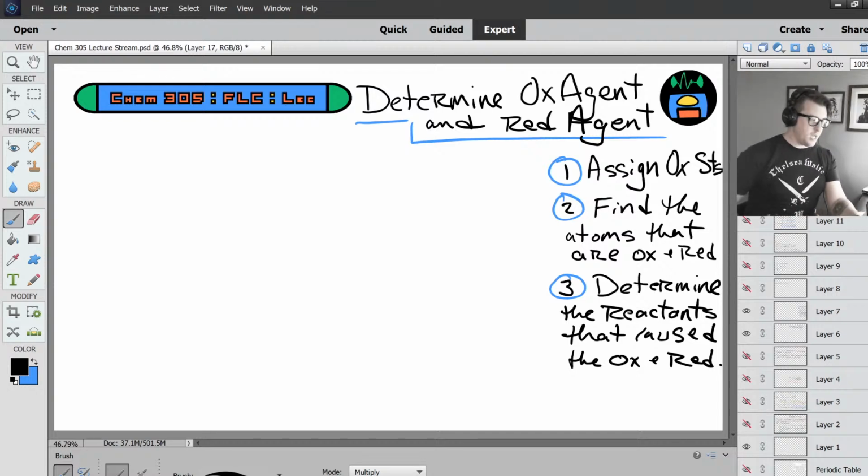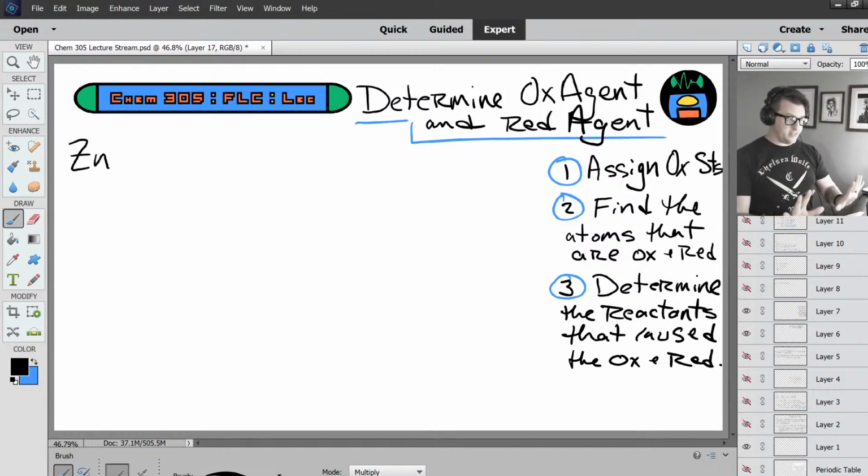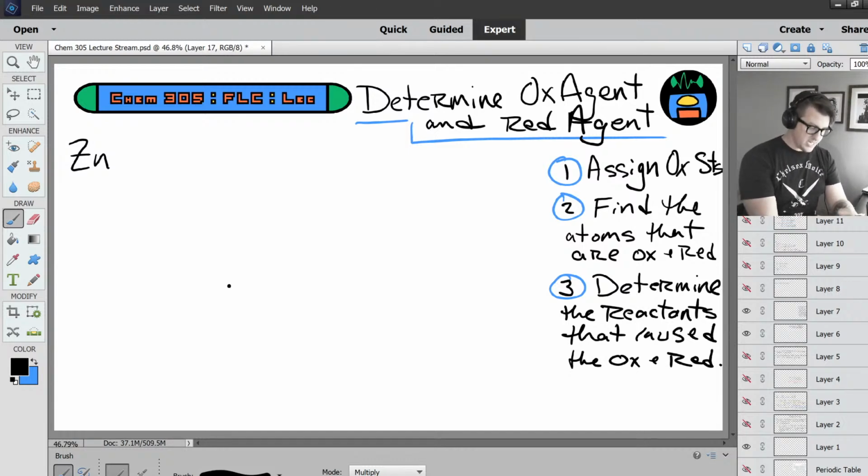Okay. I'm going to leave you with this example. Again, it's determining the oxidation state, determining the oxidizing agent and reducing agent for this chemical reaction. But I'm not going to do it. I'm going to leave it with you and allow you to take a crack at it, and then we can maybe try it in office hours if you want to, or you could ask me about it later.